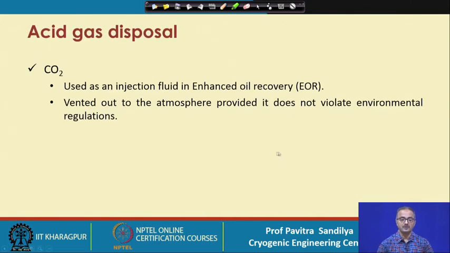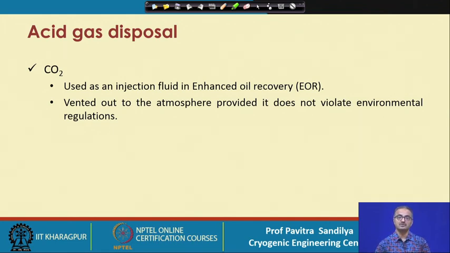Now, when we talk of acid gas disposal, how can we dispose of carbon dioxide? We can dispose of it by injecting it in an enhanced oil recovery system, which is the method to recover any residual petroleum oil entrapped in the rock formation in the sediment.